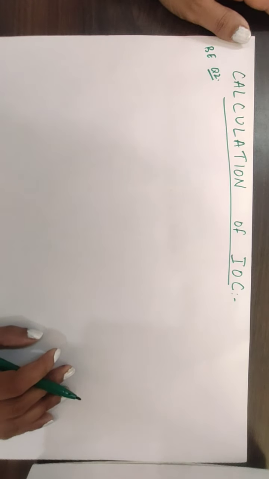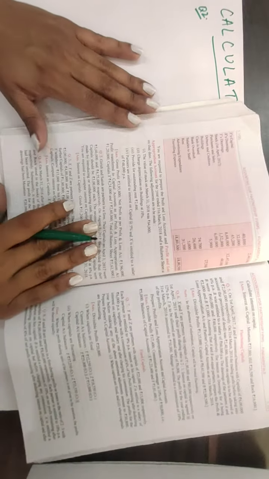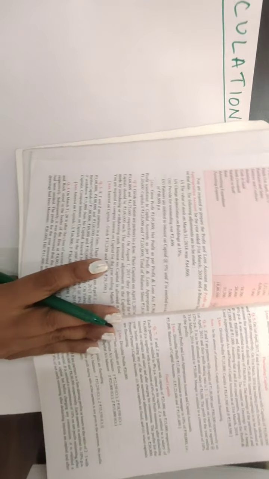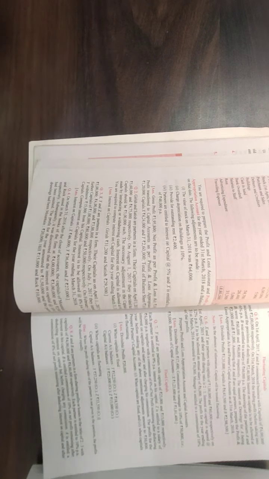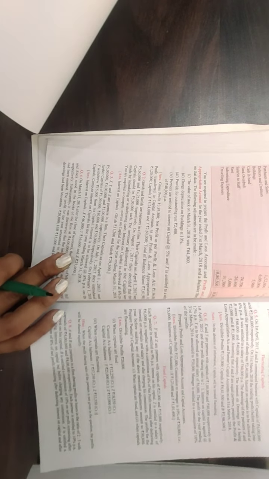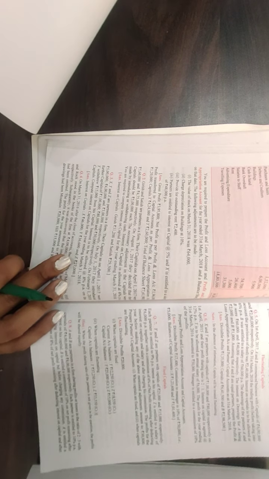I'll just read the question so that the people who are not having the book, they at least get to know what is the amount which is given in the book. The question is Girish and Satish are partners in a firm. Their capitals on 1st April 2017 were 5,60,000 and 4,75,000.